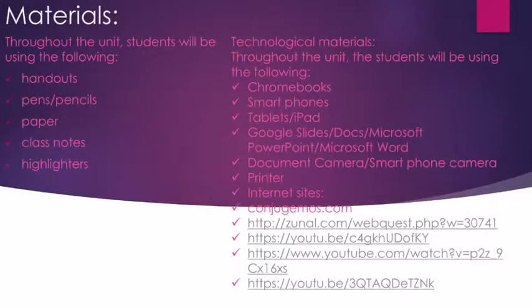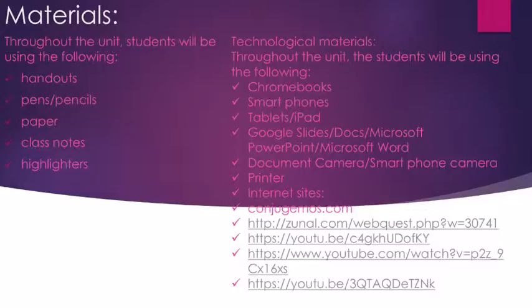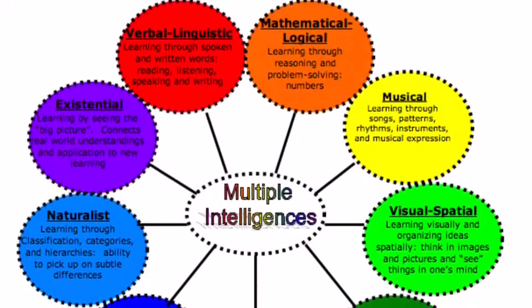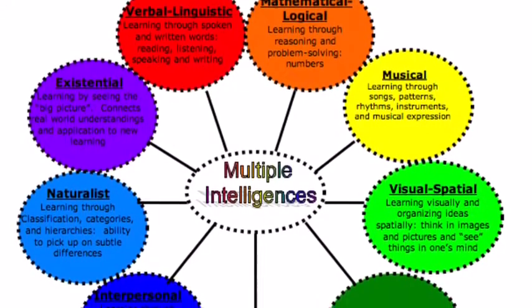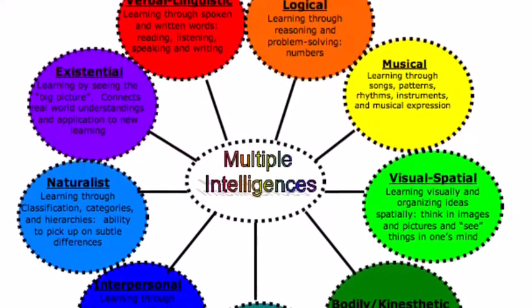Materials will be both technological and regular, which will include handouts, papers, pens, pencils, Chromebooks, smartphones, tablets, Microsoft Word, PowerPoint, Prezi, cameras, the smartphone camera, printers, and various internet sites. Howard Gardner's multiple intelligence theory will also be included in this unit.